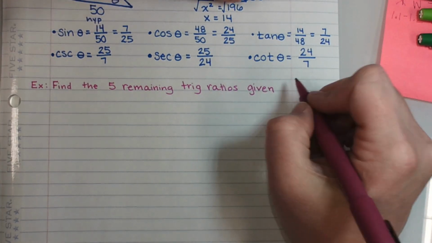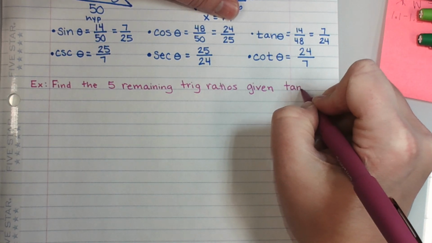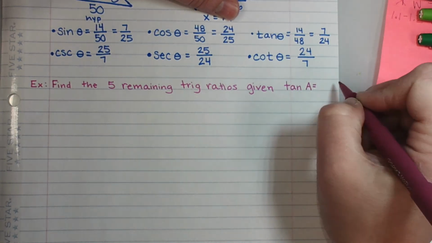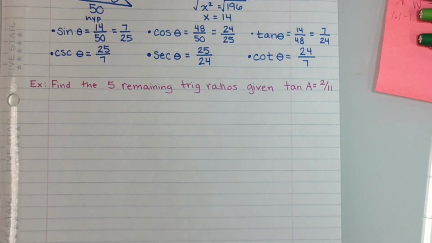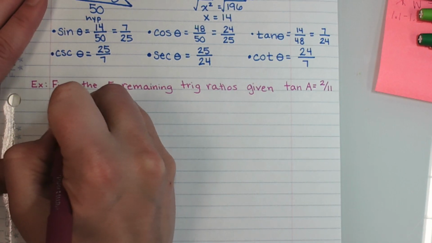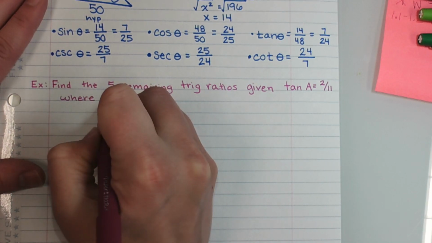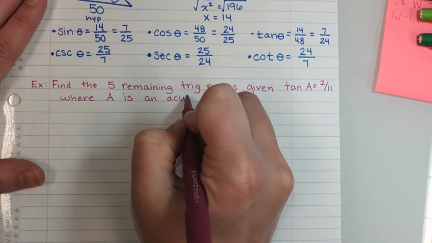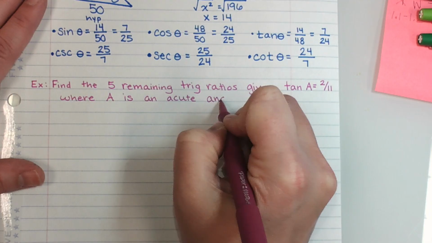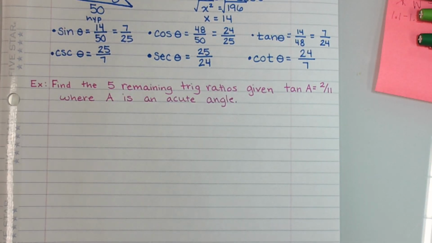I'm going to give you tangent of A is equal to 2/11. Specifically, where A is an acute angle. If A is not an acute angle, we have a different approach to this problem that we will not talk about for a while, honestly.